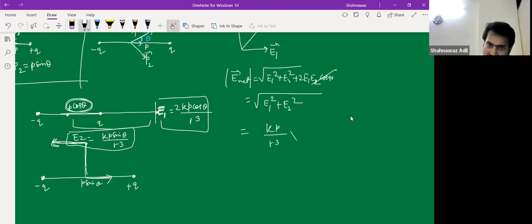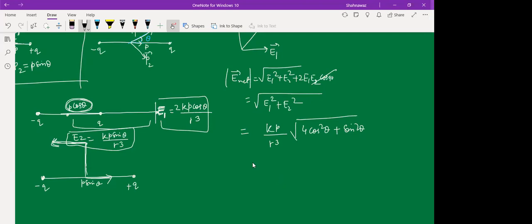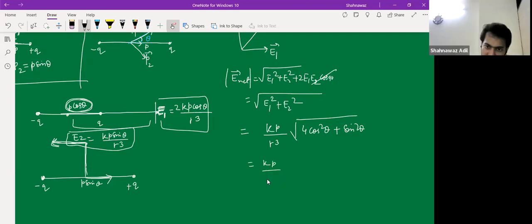This would be 4 cos square theta plus sine square theta. So this would be K P by r cube, and sine square theta is 1 minus cos square theta.